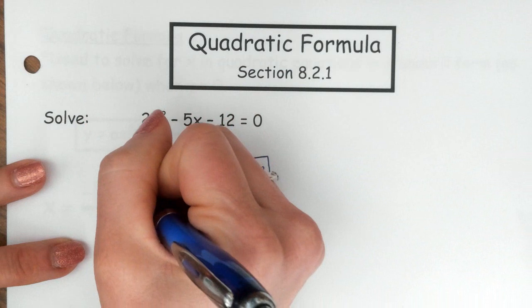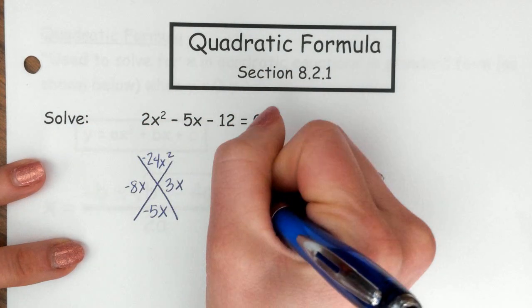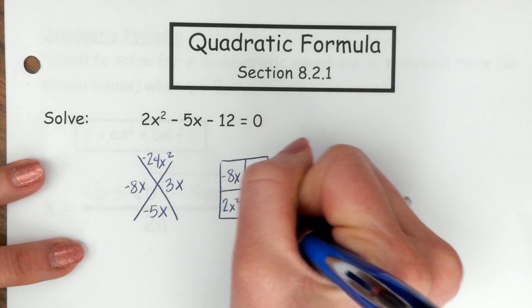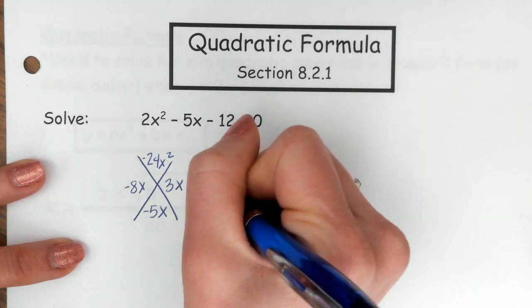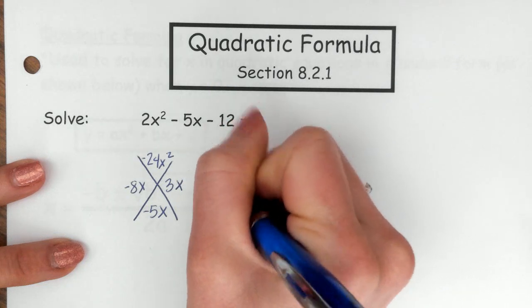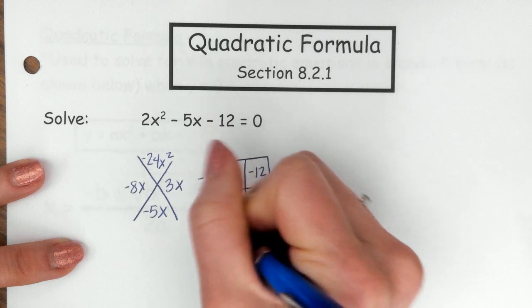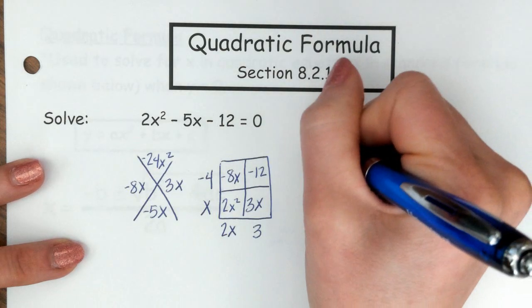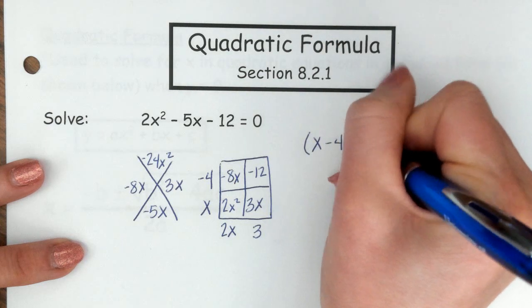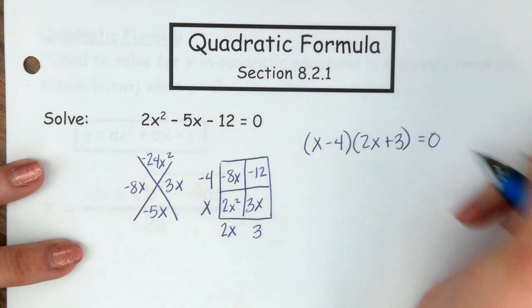So that means it's going to be negative 8x and 3x. This is 2x, and then 3, double check everything. So then I have x minus 4, 2x plus 3 equals 0.